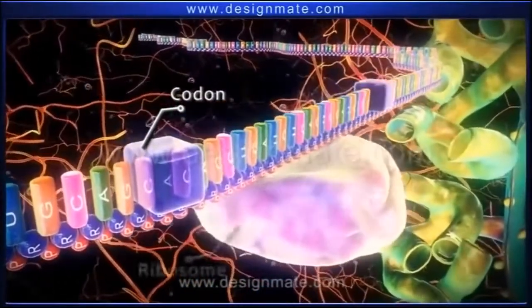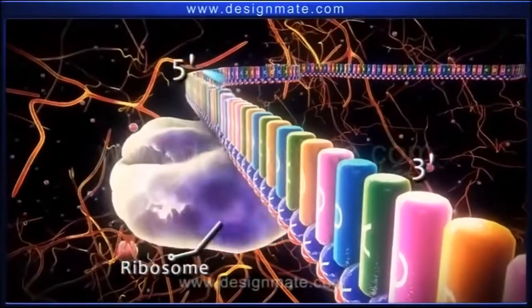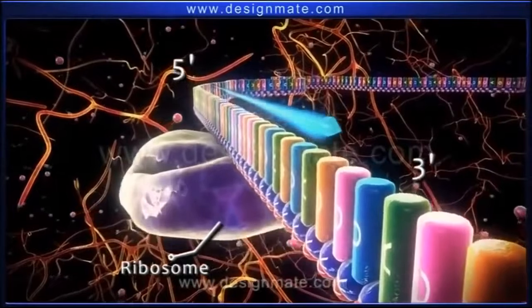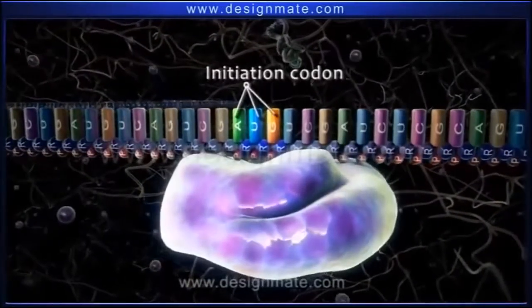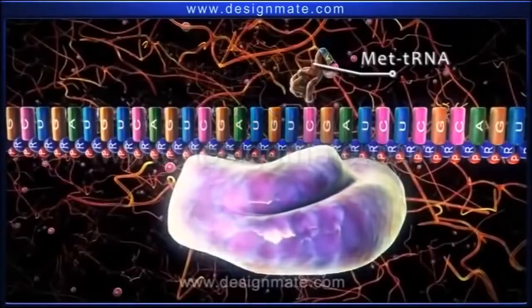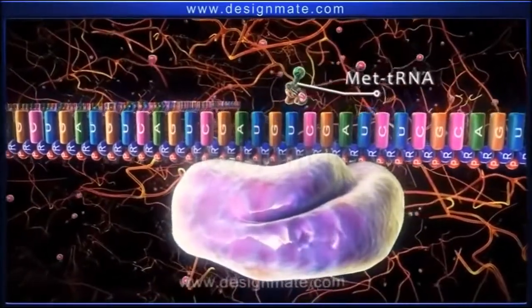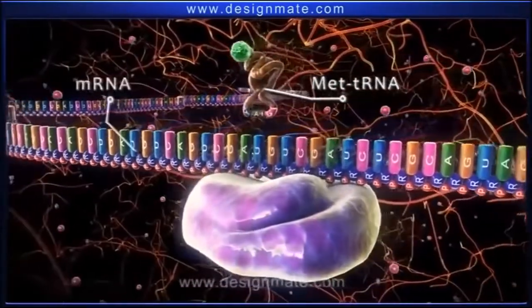Then the ribosome subunit moves along the mRNA in 5' to 3' direction until it recognizes the AUG codon, or the initiation codon. At this point, met-tRNA possessing the anticodon UAC pairs up with the AUG codon of the mRNA.